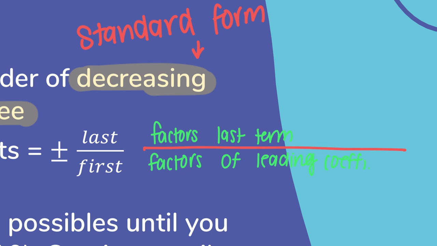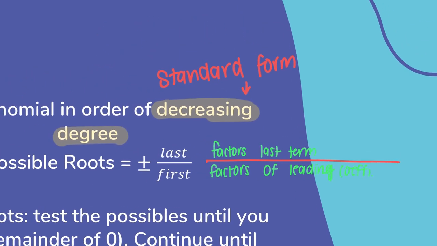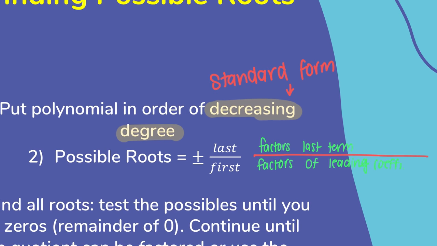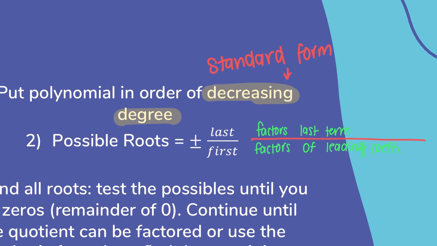Taking the factors of the last term over the factors of the leading coefficient gives you your possible roots. So instead of guessing, okay, let me try 1, -1, 2, -2, 3, -3, sometimes one of those won't be a possible root, because you have to find those factors.